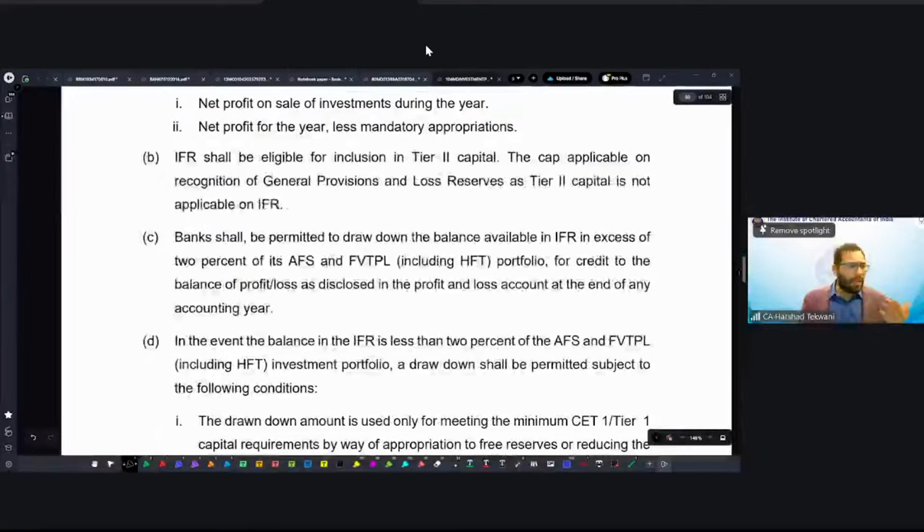So again, these are the requirements with respect to the investment. And then as an auditor, we are required to look into these requirements, whether they are met or not, whether they are adhered to by the bank or not. Clear? Any doubt?